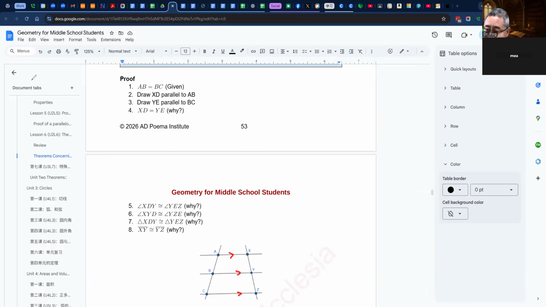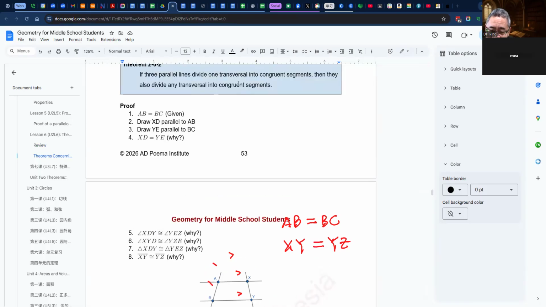This line is cut, this side and this side equal. So that means AB equals BC. Then therefore, XY has to be equal to YZ.